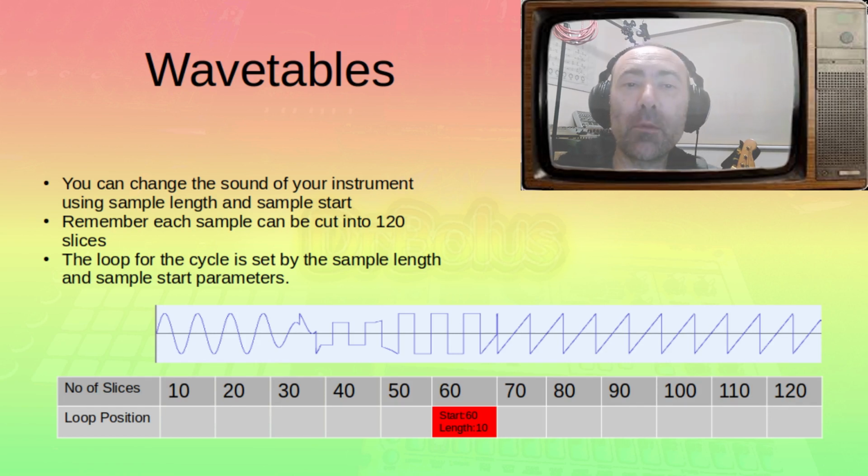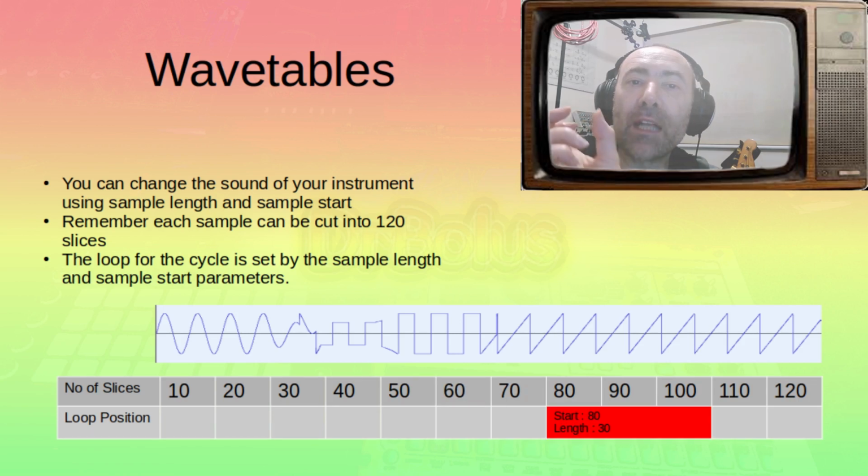On a wavetable, because it is much shorter, you are using the loop length to find a single cycle of the wave. And once you've found a single cycle of the wave, you can scan up and down the wavetable using sample start, and that will change the sound of the wave.